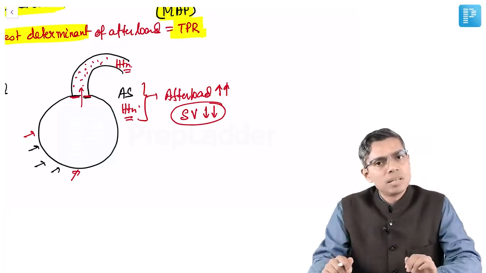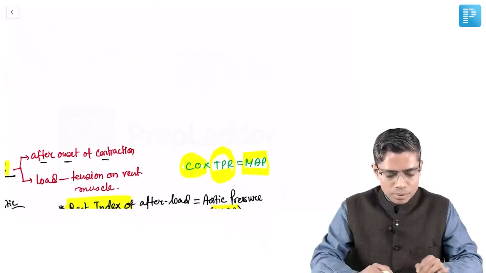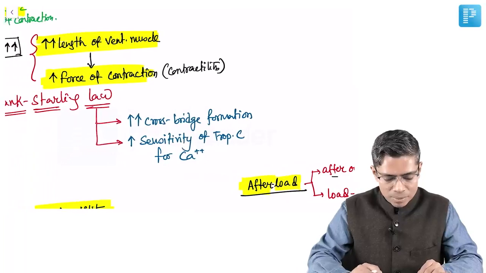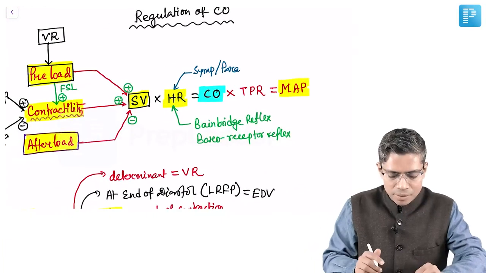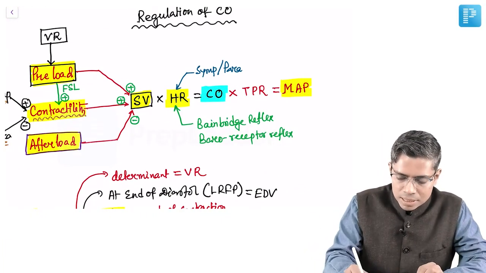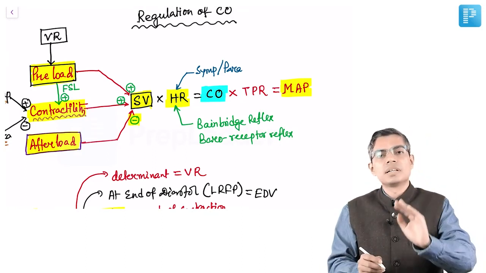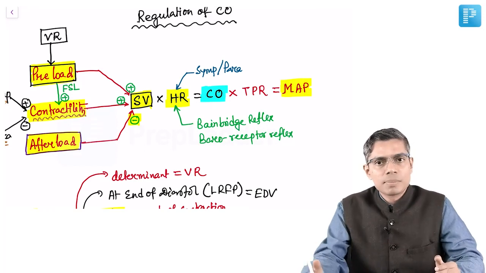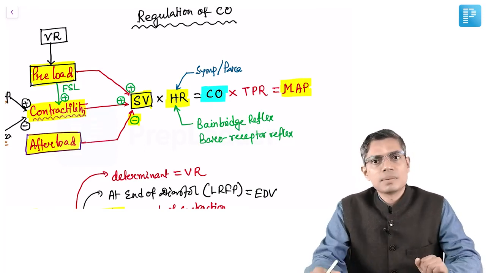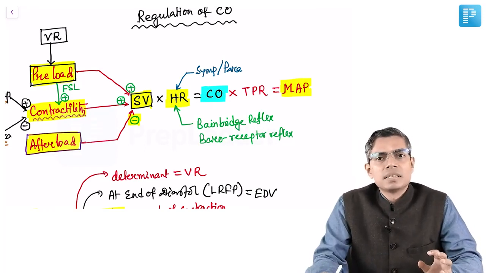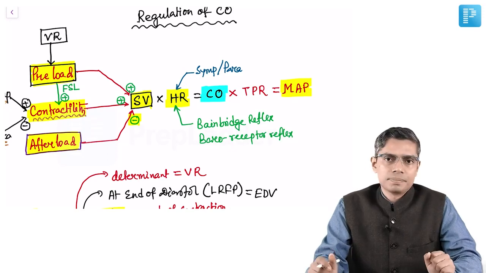It is inversely proportionate. If you look back at the previous diagram, afterload is negatively related with stroke volume. The more the afterload, the lesser the stroke volume. Increased afterload will be seen in conditions like aortic stenosis and hypertension.